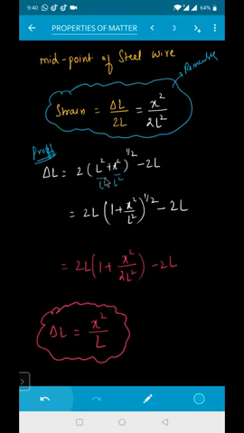This is 2 into L square plus x square to the power of 1 by 2 minus 2L. If you're dividing by L square, outside also you have to get 2L square, right? This one is the 2L, this is minus of 2 into your L square.